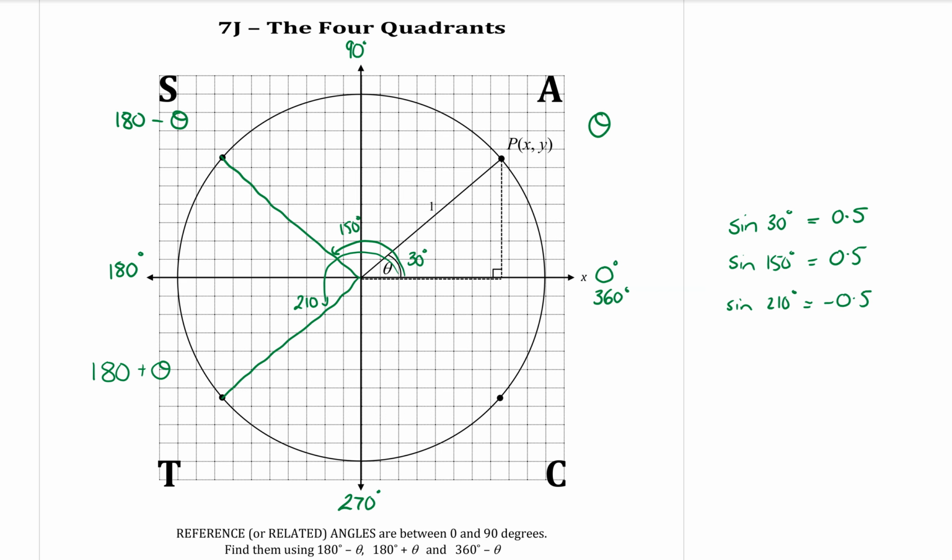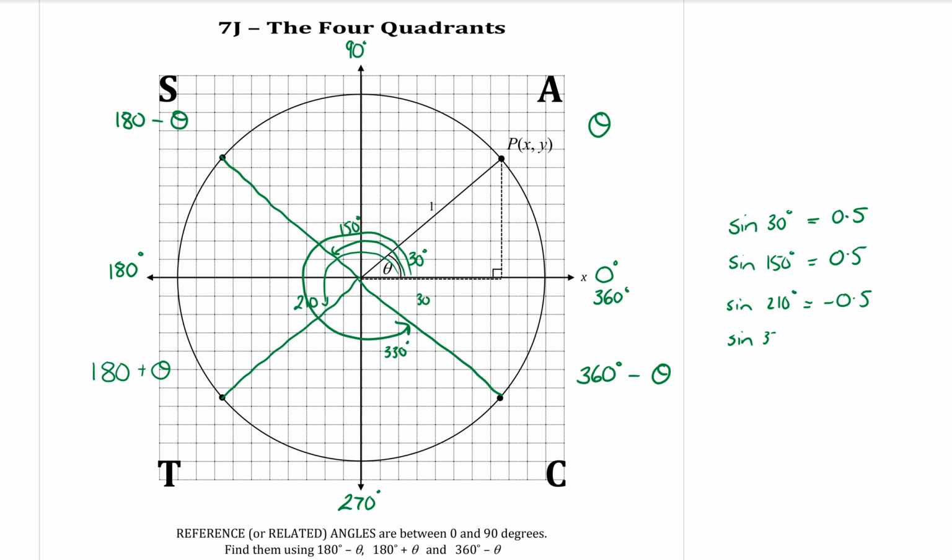Let's try our last quadrant. To find the angle in the fourth quadrant, we would do 360 degrees because we want to do the full revolution. And then we want to come back this 30 degrees that we've put in here. So all the way around to here would be 360 minus 30. The 360 minus theta quadrant is what we call this. 360 minus 30 is 330 degrees.